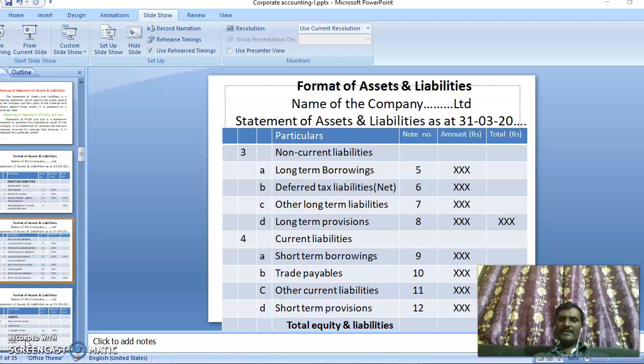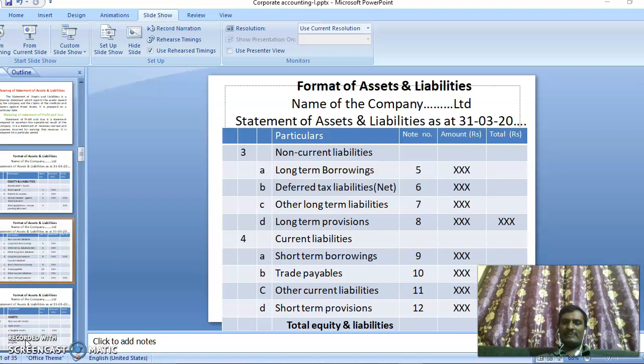Another component here is other long-term liabilities, which are other than borrowings. If there are any long-term liabilities which are not settled within a period of 12 months, those are to be taken here. And if there are any long-term provisions, those are to be taken under the head non-current liabilities.